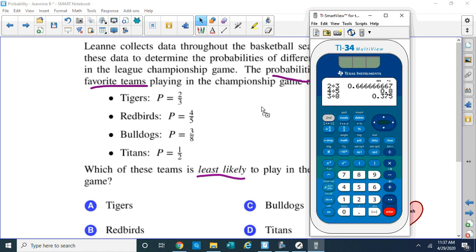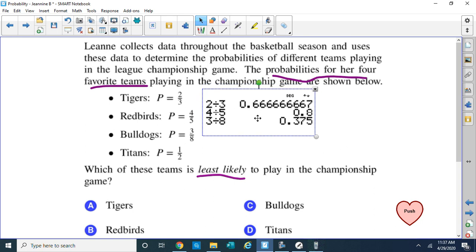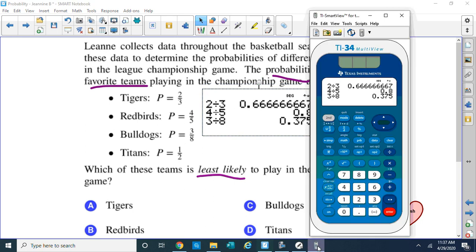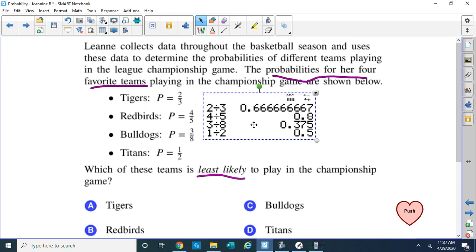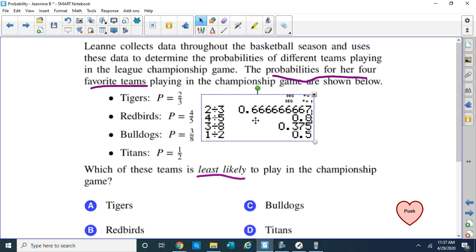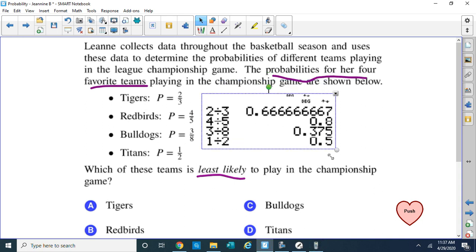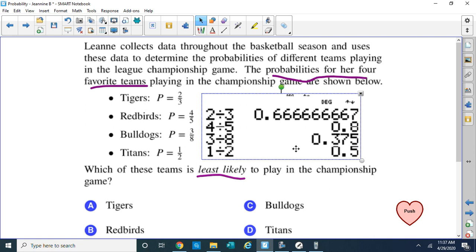Let's bring those out because I don't think I have more room. And 1/2, everybody should know the 1/2, but in case you don't, 1 divided by 2 is 0.5. So I can bring this whole thing out. Good. So there are the probabilities of all the teams.